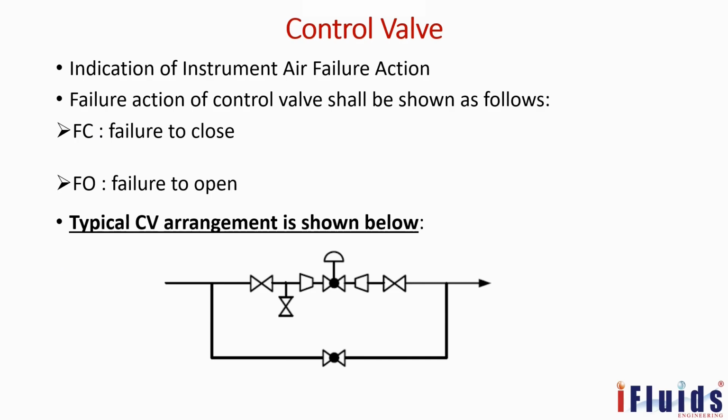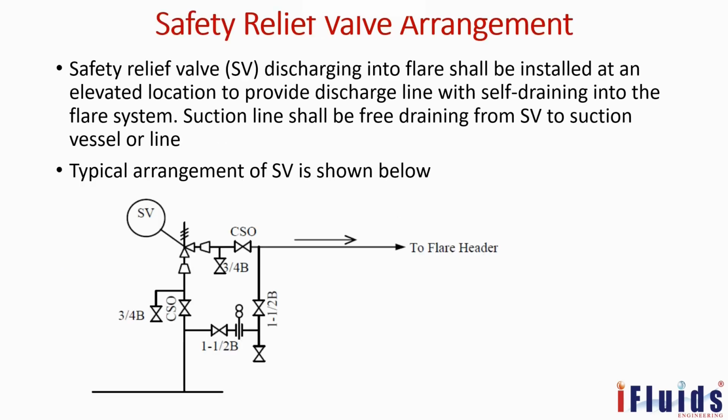But sometimes we have to drain the inventory, the hydrocarbon, to drain drums or maybe the flare. So it is failure to open. When plant failure or ESD happens and instrument air failure or UPS power is gone, then this action will take place. So we have to mention FO, FC.